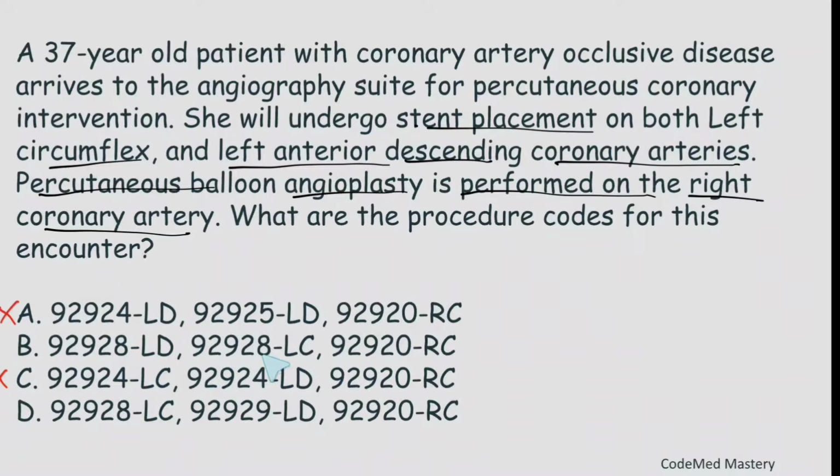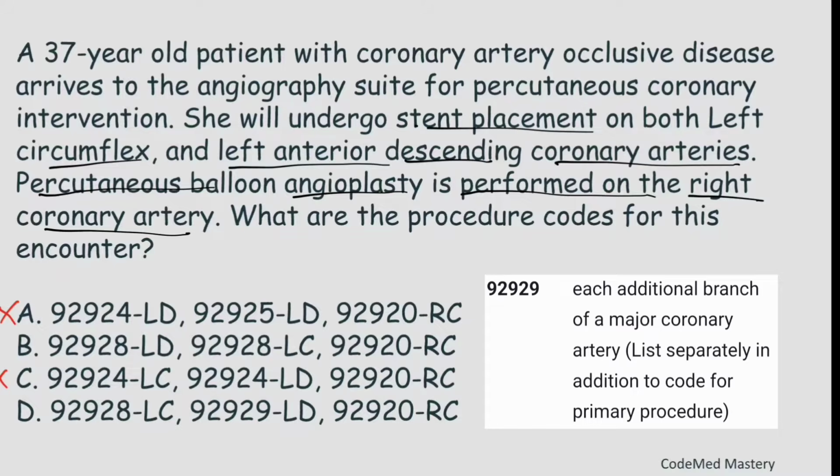In option B again they have mentioned 92928. So check the second code in option D, 92929, which is for each additional branch of a major coronary artery. But in the scenario you can't find any additional branches, right? There are only two arteries, that is left circumflex and left anterior descending.